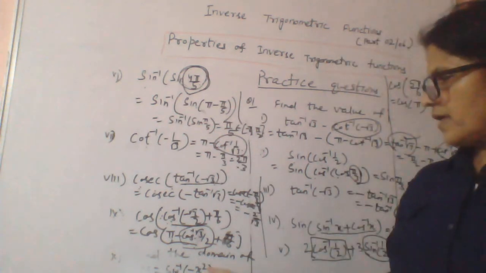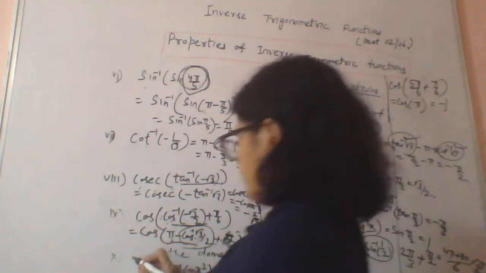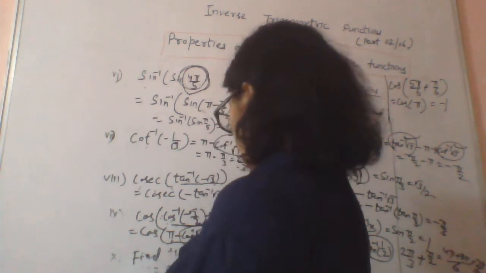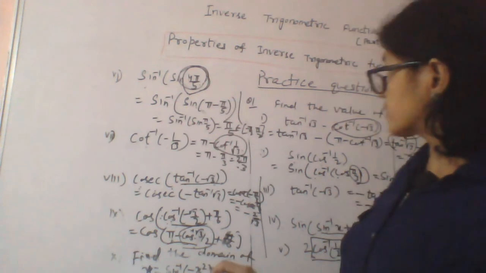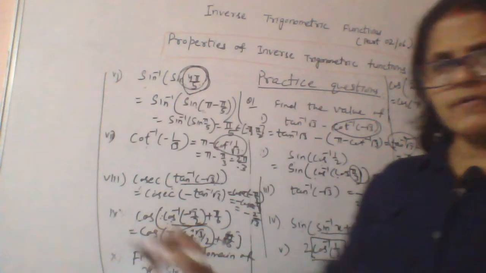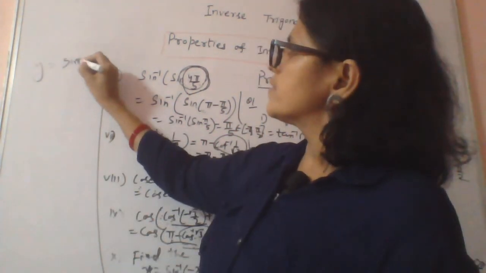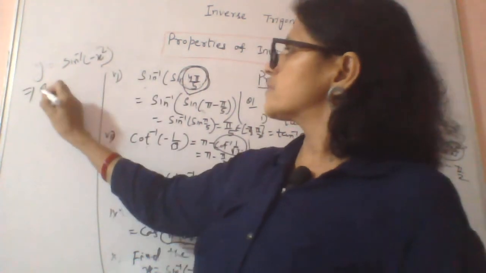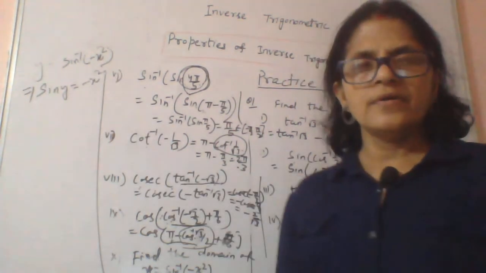One last question is a very different type. Find the domain of the function y equal to sin inverse of minus x square. You are given y equal to sin inverse of minus x square, so sin y equals minus x square.